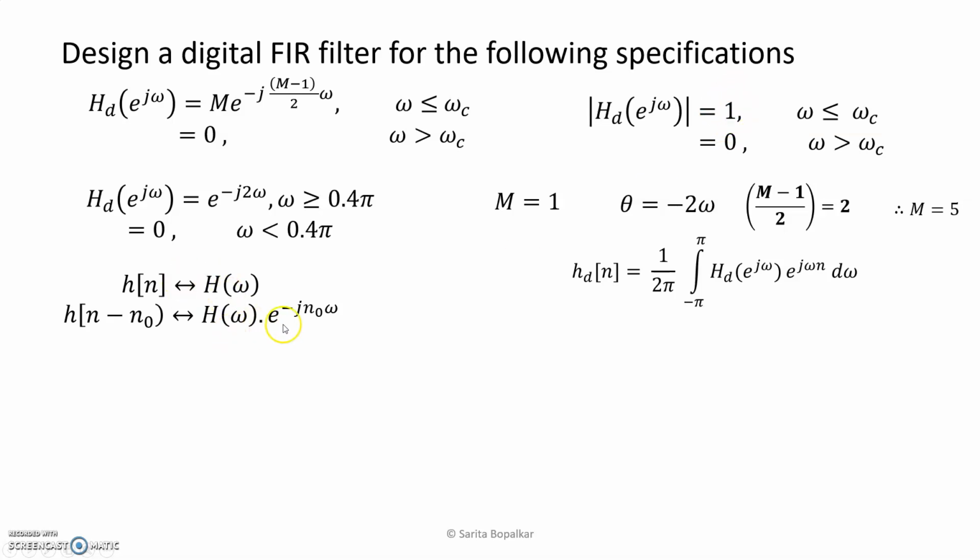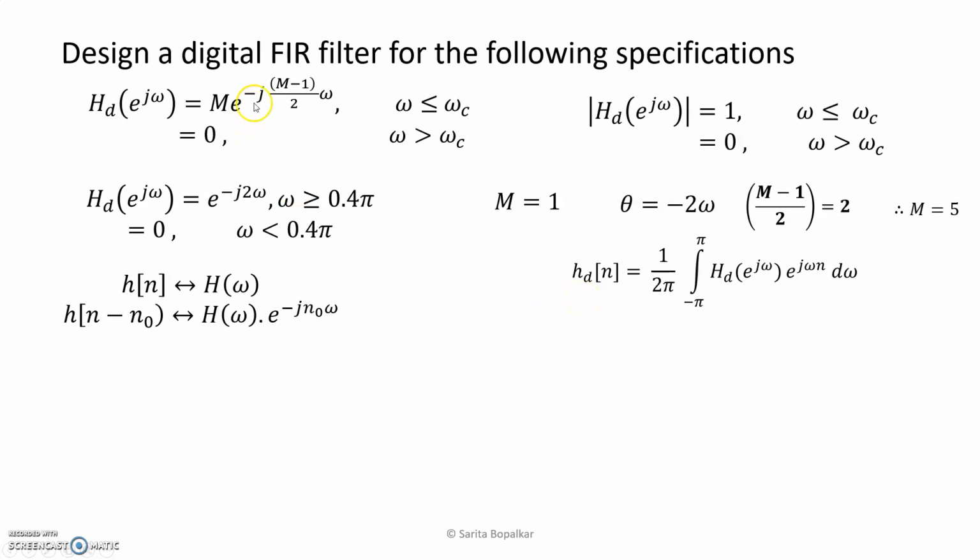If we multiply this H of omega of amplitude 1 by e raised to minus j n0 omega, what will happen in the time domain? The time domain sequence is hd of n. You will get the same shift in the time domain. So this is the time shifting property of the Fourier transform.